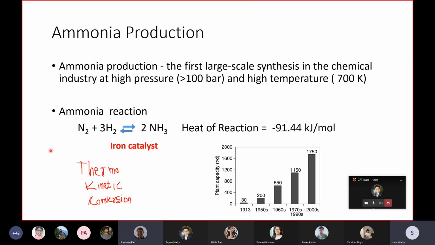Answer is yes. Why is it important? We need to produce a certain quantity of it in a day. Okay, yeah, we need to produce a certain quantity in a day.